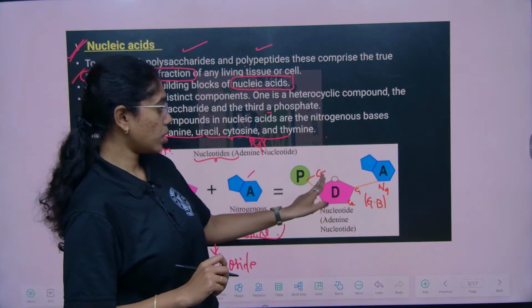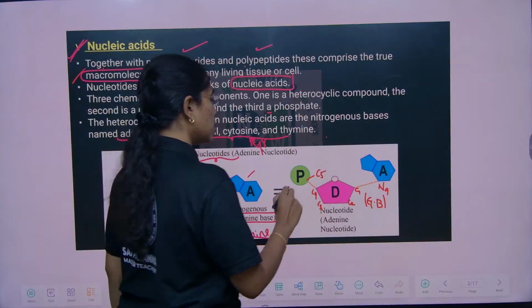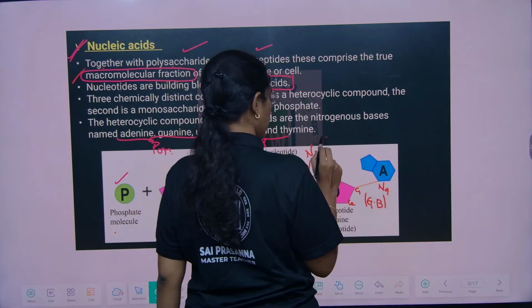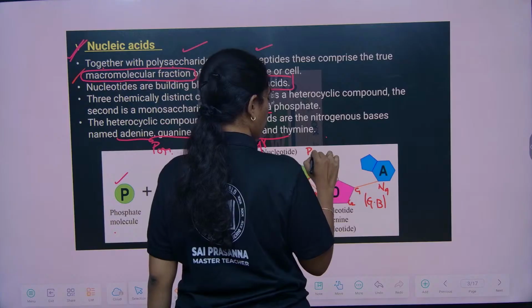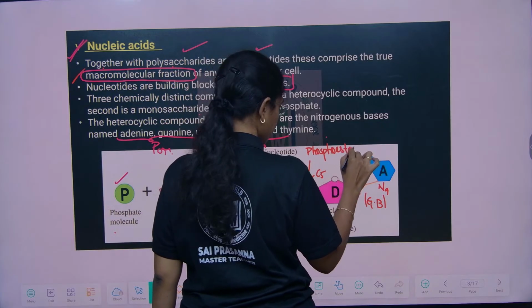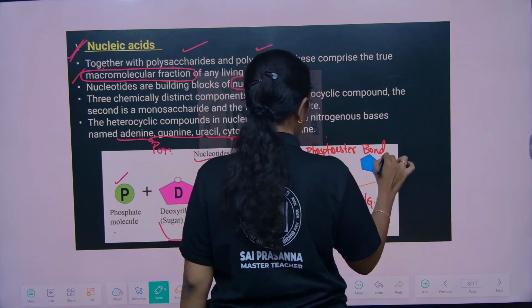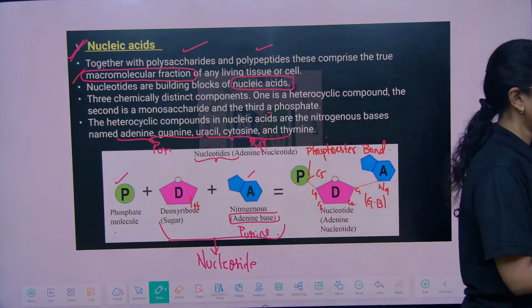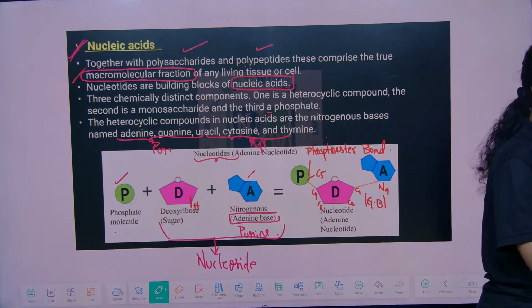The C5 carbon of the sugar is connected to the phosphate group via phosphoester bond. Clear with a single nucleotide? If you have any doubts, you can drop a message in the chat box.